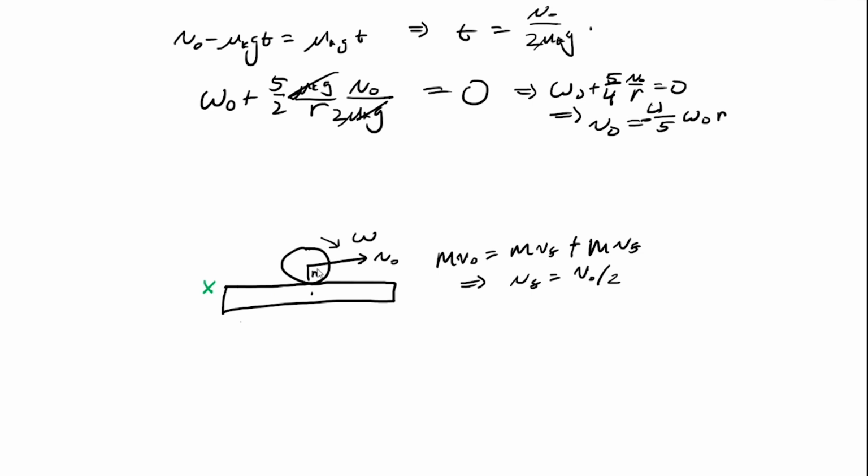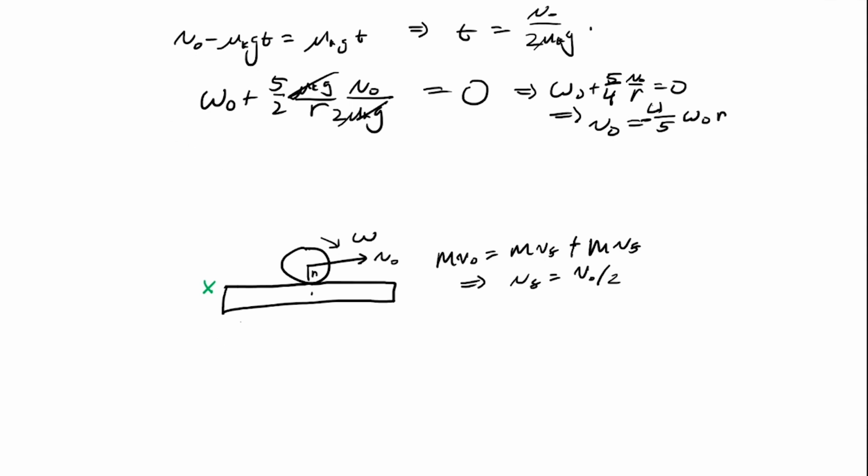So then there's no net torque about this axis, because all the forces on the ball are parallel. Well, there's the normal force, but it's equally cancelled by the gravitational force, so that doesn't apply a torque, and the frictional force goes through the axis, so that doesn't apply a torque either.